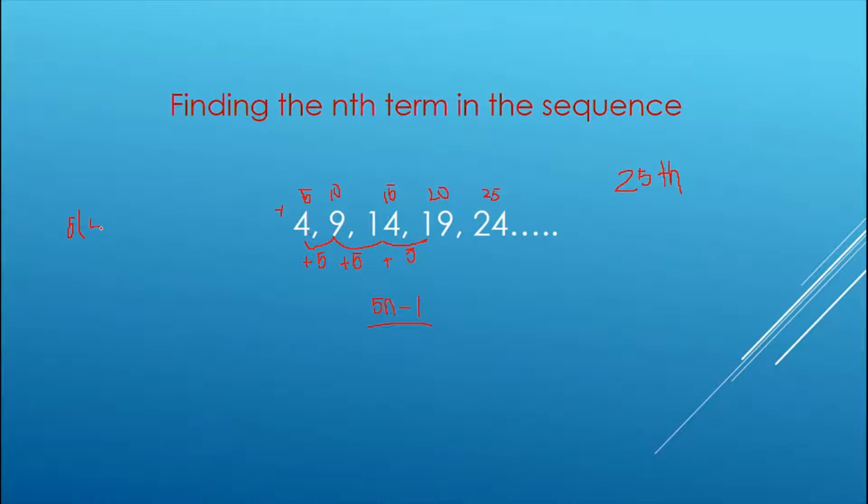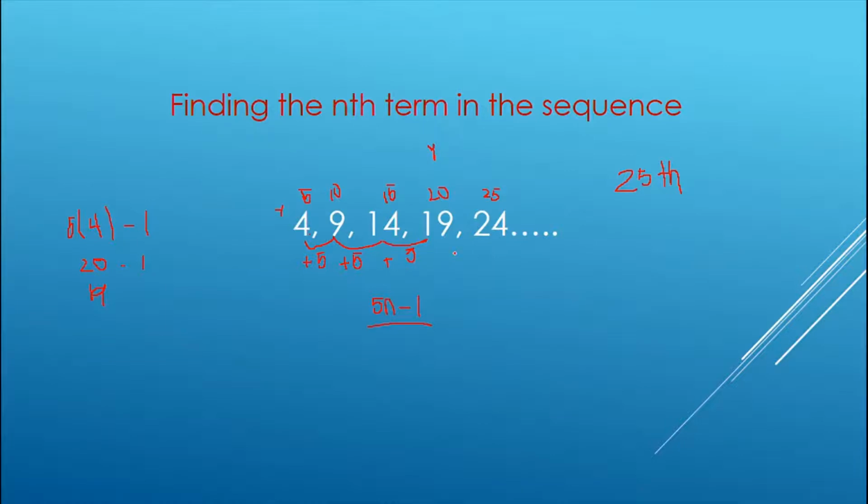Our answer should be 19, since 19 is the fourth term. So 5 times 4 is 20, and 20 minus 1, the answer is 19. Very good. I guess our formula here is correct. So for the formula, we have 5n minus 1.